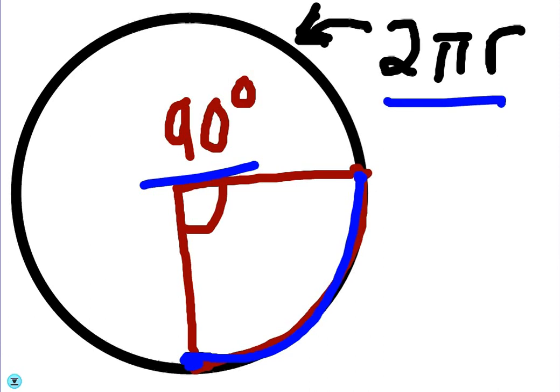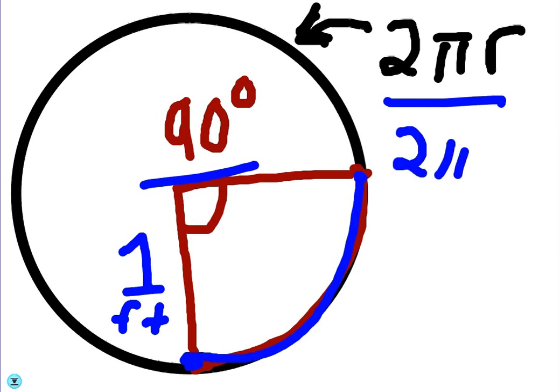Now there's one more piece of information you need. You need to know how big that radius is. Otherwise you can't figure out how big the circumference is. So again, just for the sake of simplicity, let's just say that the radius is 1 foot. So to figure that out, first of all, you'd figure out the circumference. It'd be 2 pi times 1, which would just be 2 pi.